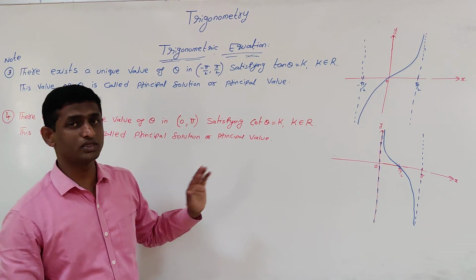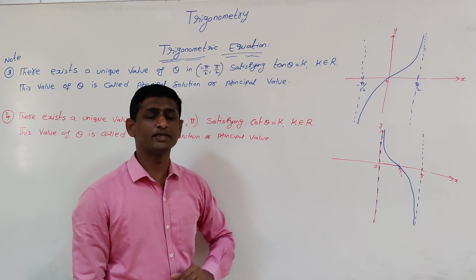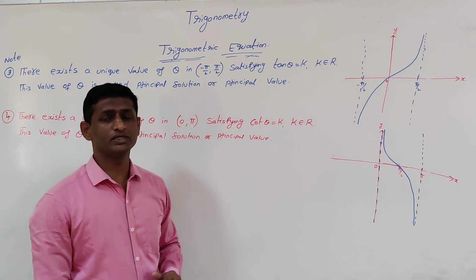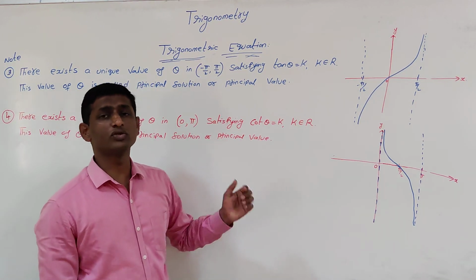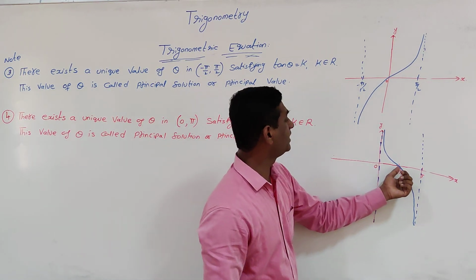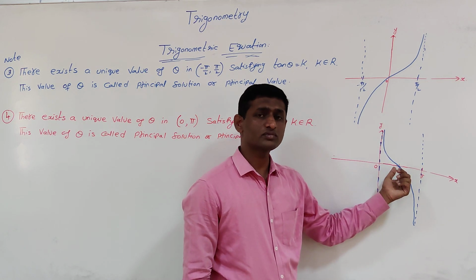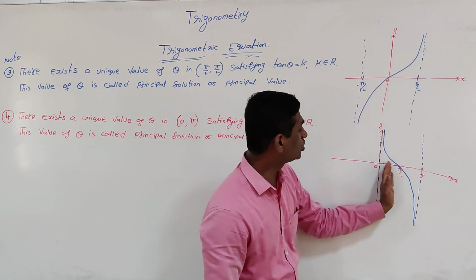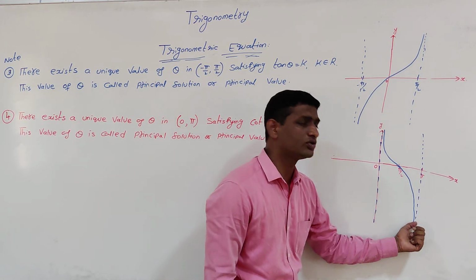Similarly, cot theta is also not a bijection. In order to become a bijection, we have to restrict the domain to 0 to pi. From 0 to pi by 2 we have positive values, and from pi by 2 to pi we have negative values.